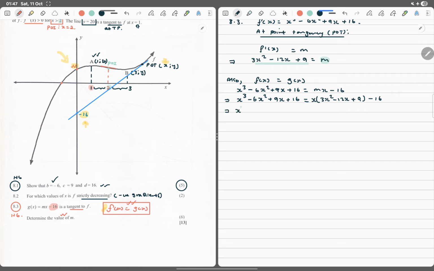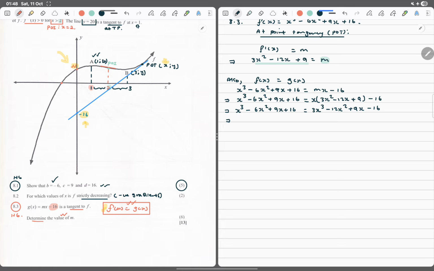Sometimes algebra, guys, is the best way because at least we're not told to use the graph, things like that. So this is 6x squared plus 9x plus 16 equals, we distribute here, we get 3x cubed minus 12x squared plus 9x minus 16. So we take this side to this side.